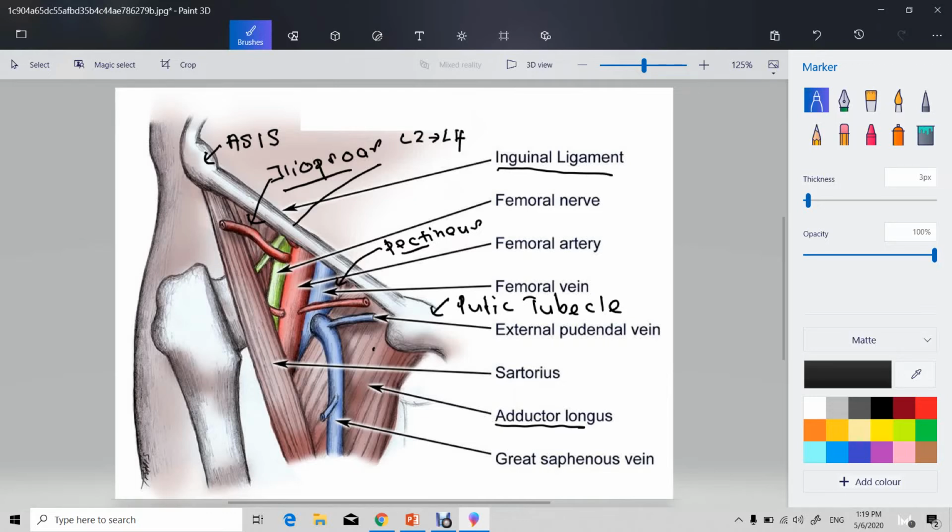It crosses the inguinal ligament inferiorly and enters the femoral triangle and supplies the hip flexor muscles such as iliopsoas and sartorius, and also the knee extensor muscle, which is quadriceps femoris.